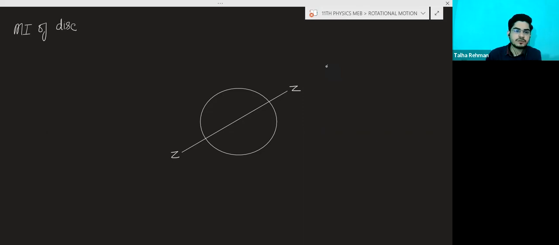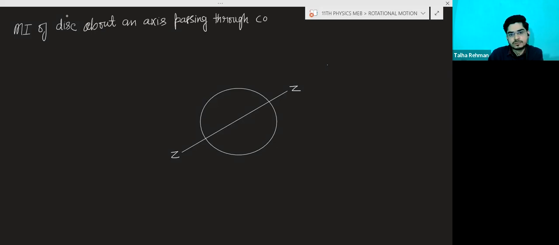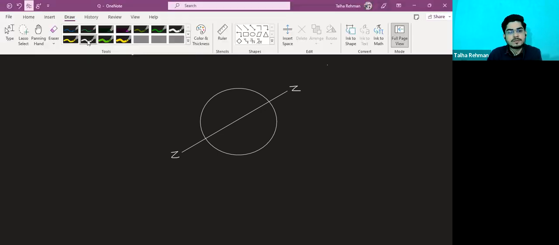So the moment of inertia of a disk about an axis passing through the center of mass and perpendicular to the plane of the disk.